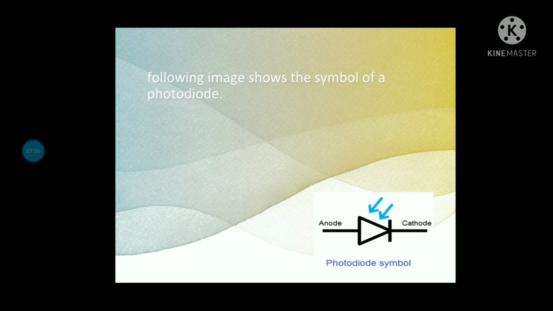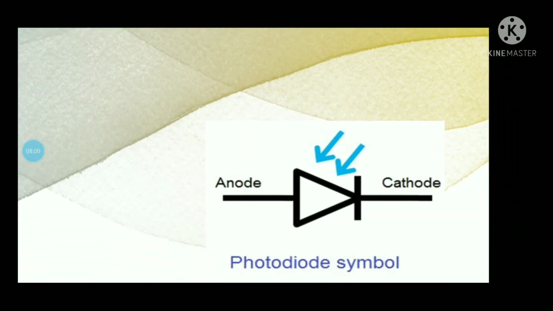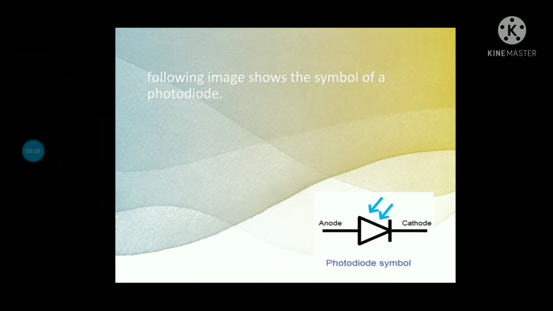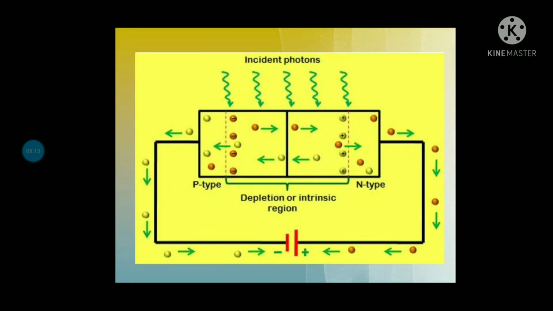Okay, the following image shows the symbol of a photodiode. I think you are all very aware of this symbol. In the photodiode symbol, we have an anode and a cathode. The anode is positive and the cathode is negative. Here you can see the connections we have made.